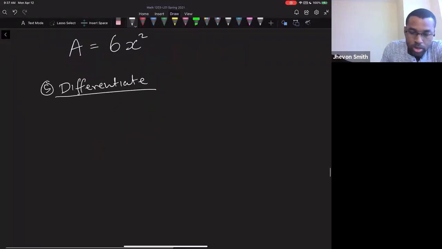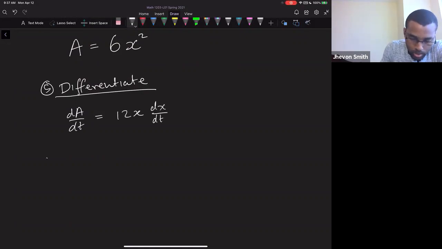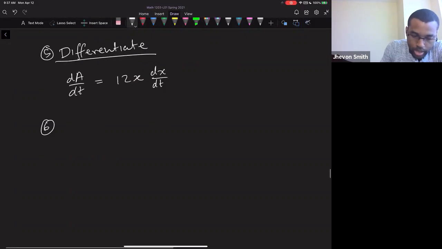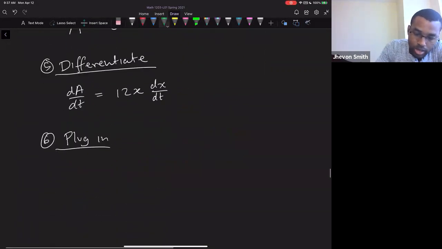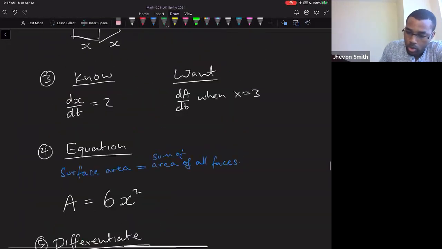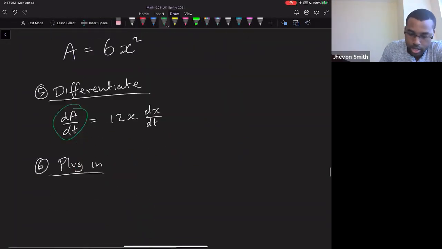Step 5, we're going to differentiate with respect to what variable? T, always T. So dA/dt equals 12x dx/dt. Move on to step 6, we're going to plug in. What do we want? The dA/dt. We want this guy. When do we want it? When x is 3 and dx/dt is 2.